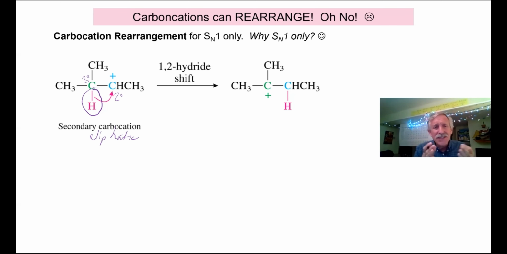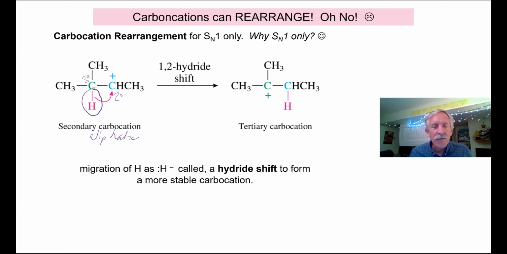You can only do 1, 2 atoms apart and do a hydride shift. And this only happens if you can move that carbocation to the tertiary carbocation. So be on the lookout for these hydride shifts, and it comes from the name that when you move H and its pair of electrons, this is the name for a hydride ion, as opposed to a proton for H+.